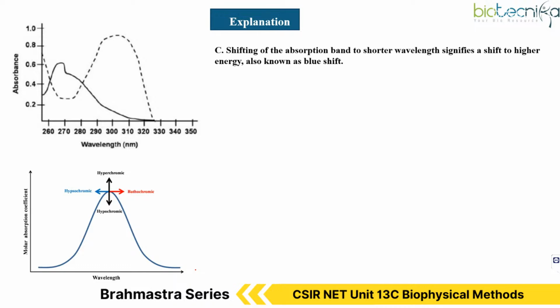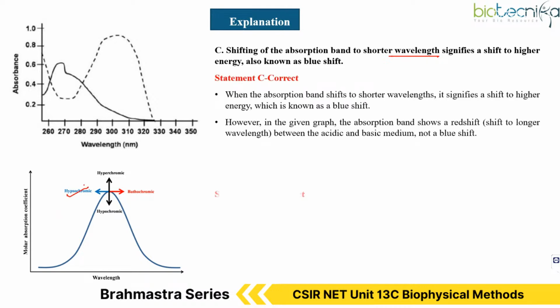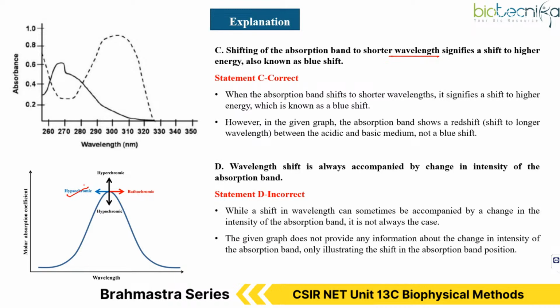Then statement C: shifting of absorption band to shorter wavelength signifies a shift to higher energy, also known as blue shift. So higher energy and shorter wavelength. This is also correct, right? And D: wavelength shift is always accompanied by change in intensity of absorption band. No, that is not always the case. Sometimes it can be accompanied by change in intensity, but not always. So B and C is given in option 3, and therefore it is the answer.